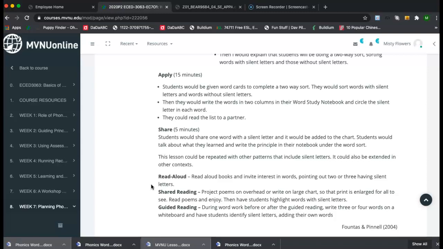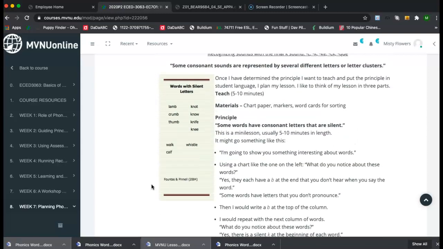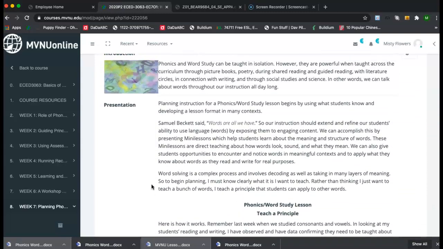During shared reading, use highlighter tape and highlight those words with silent letters. During guided reading, give the students a Post-it note and have them write down words that have silent letters as they're reading. Very simple, nothing complex. We're not trying to reinvent the wheel here.